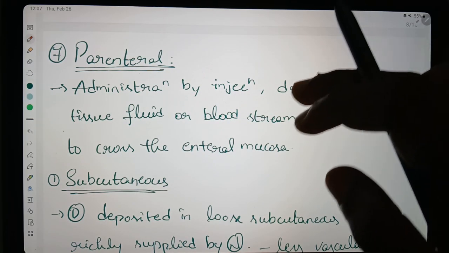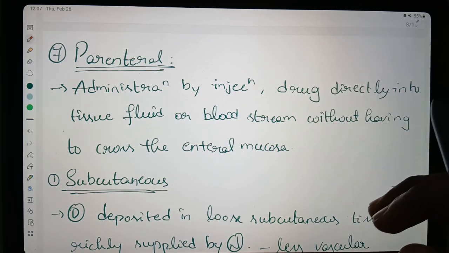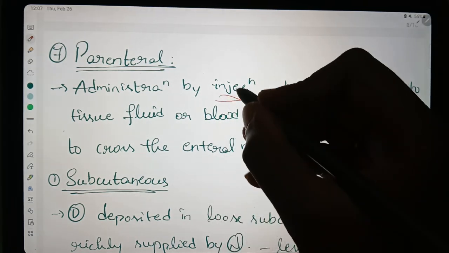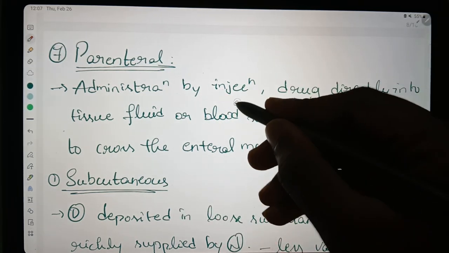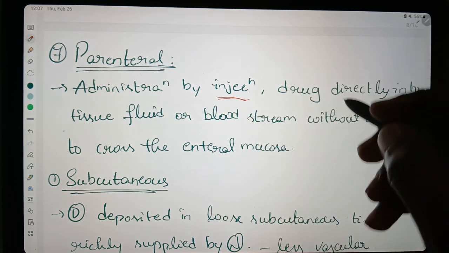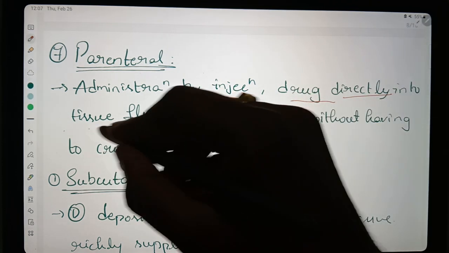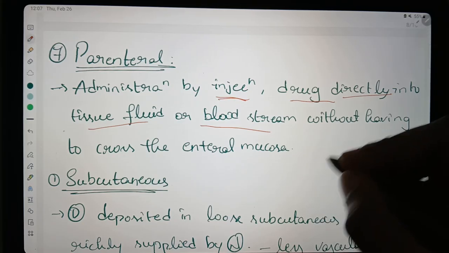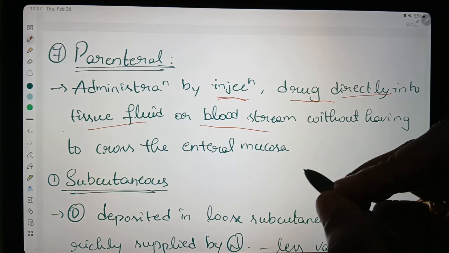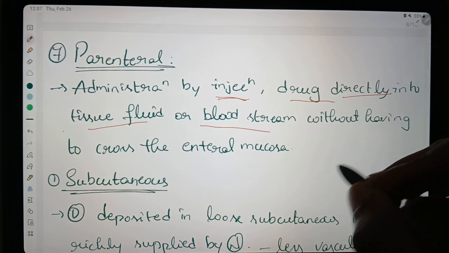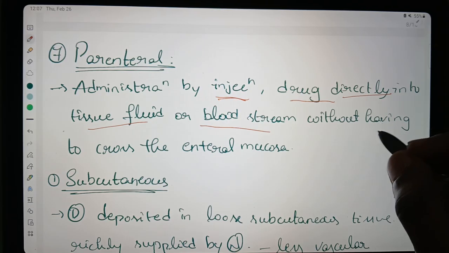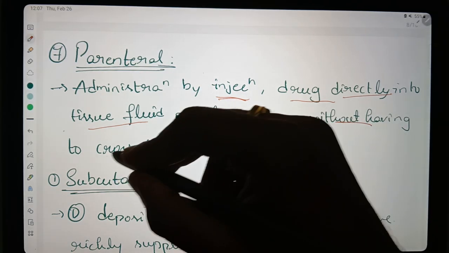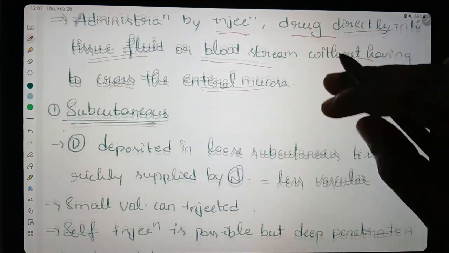Coming to the parenteral route, it is administered by injection. The drug goes directly into the tissue fluid or bloodstream, like blood vessels, nerves, arteries, without having to cross the enteral mucosa.